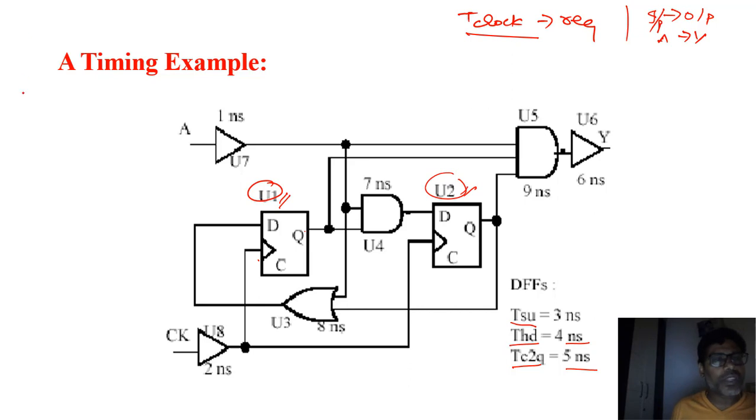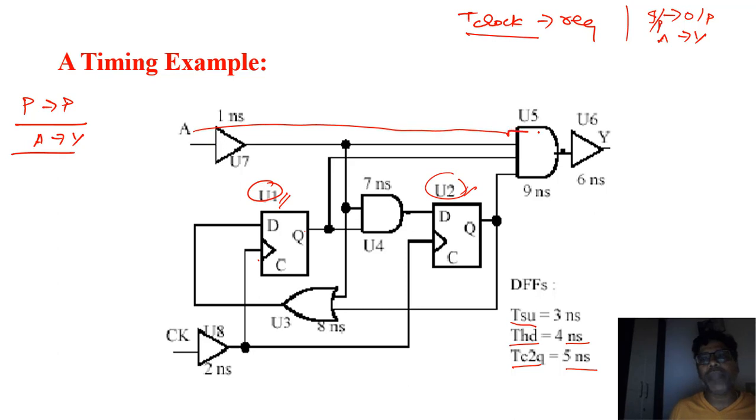First let's go with the pin to pin path. Pin to pin means A to Y. So for A to Y, let's calculate the timing. This U7 is 1 nanosecond. Then coming to U5, that is 9 nanosecond.